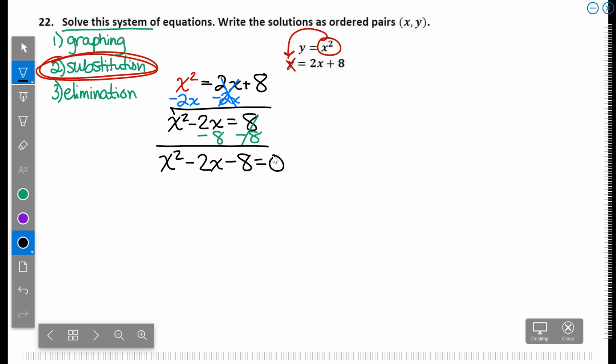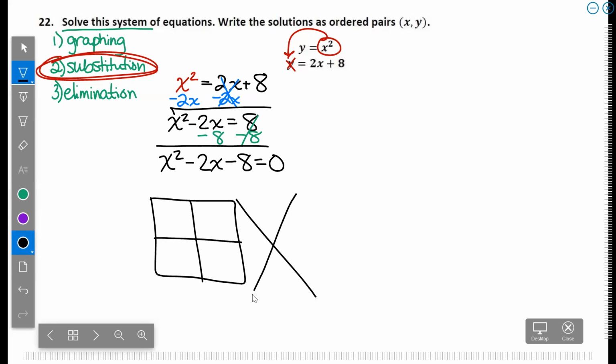Well, how am I going to solve something like this? What do I need to draw to help me solve something like this? An X and a box. So I'm going to draw my area model. X squared goes up here. Negative 8 goes down here.